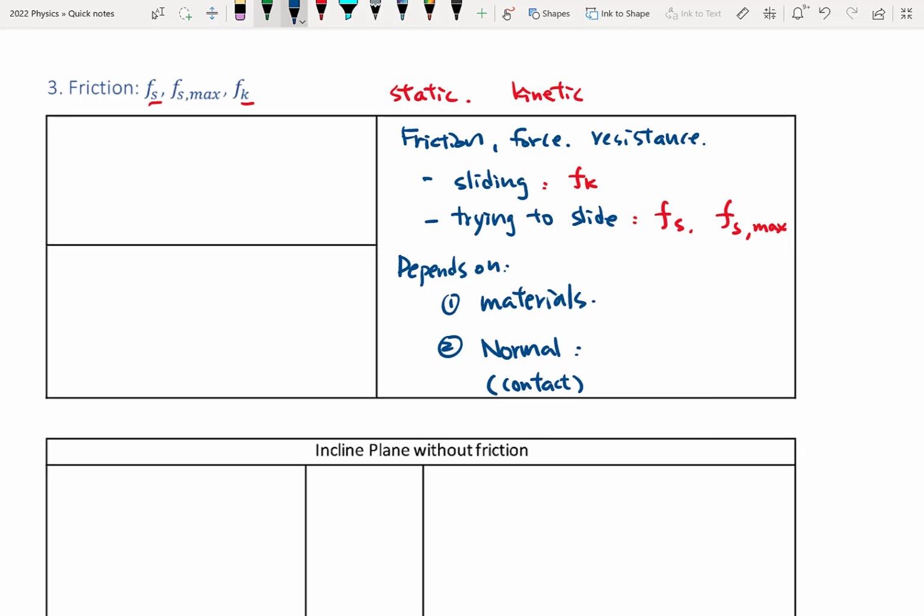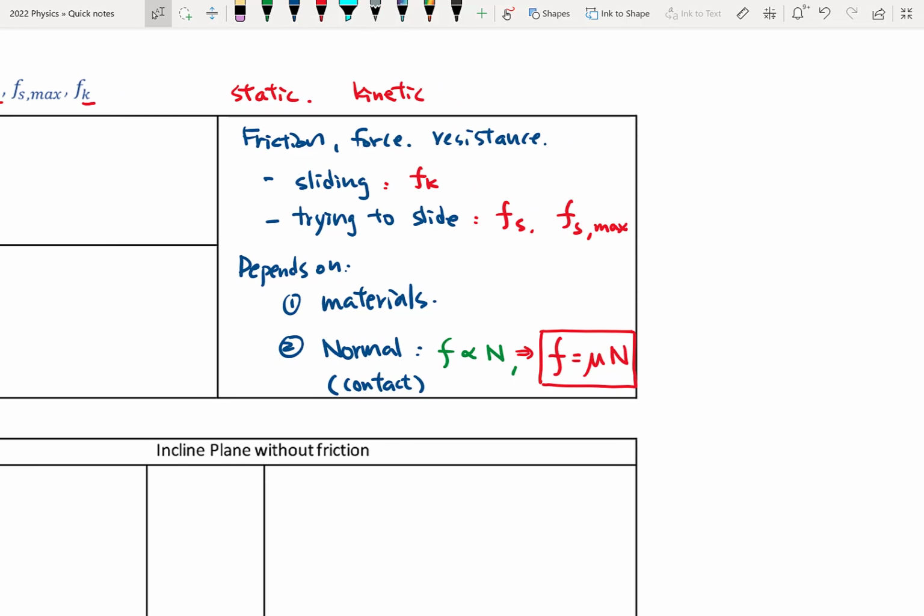Friction is proportional to the normal force. When the normal force is bigger, the friction is bigger, so we can write a constant, which we call the coefficient. Friction equals the coefficient times the normal force. This is the formula we might use, but it depends.